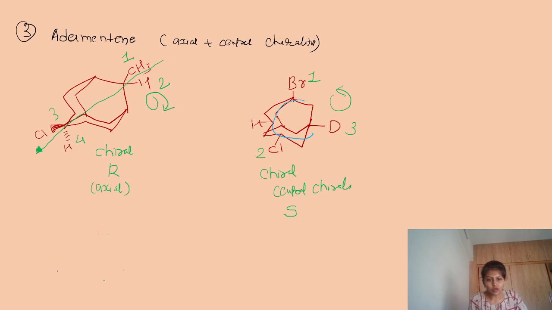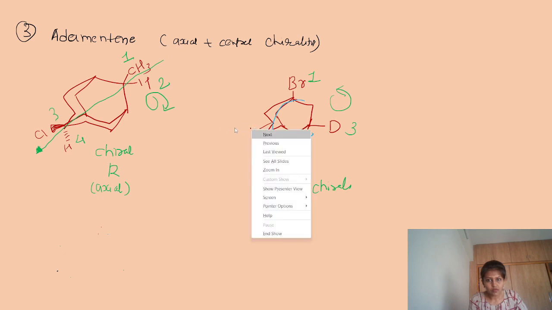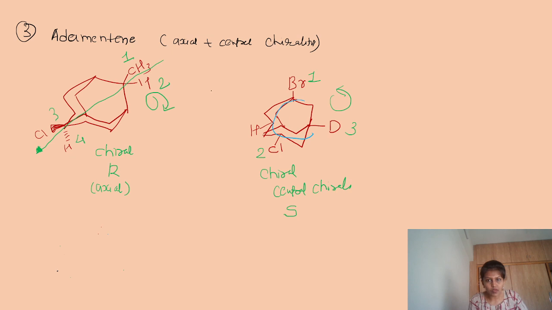Okay, so here what is the position of the fourth group? First of all, suppose I am drawing the fourth group over here like this, hydrogen. So here you can say the fourth is below the plane.